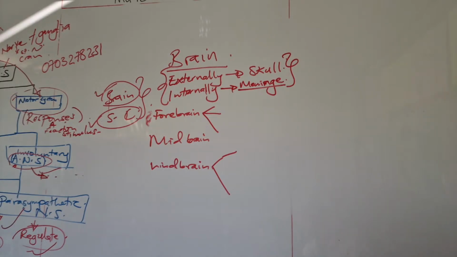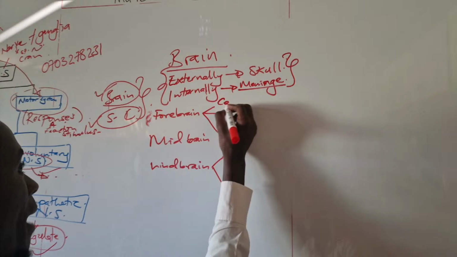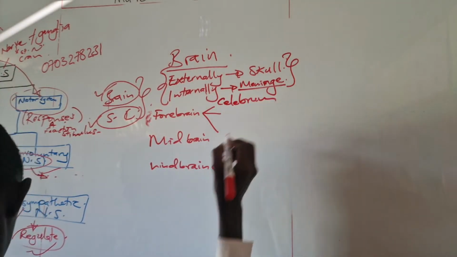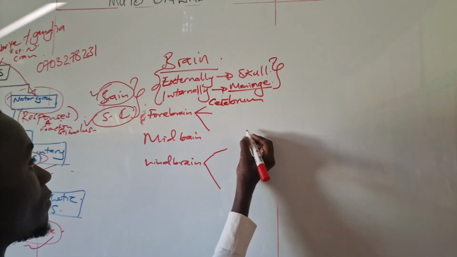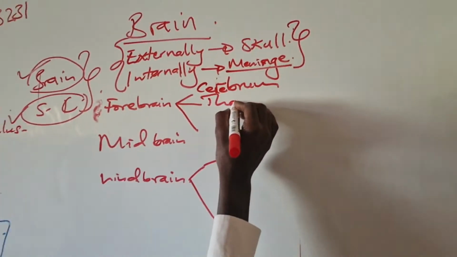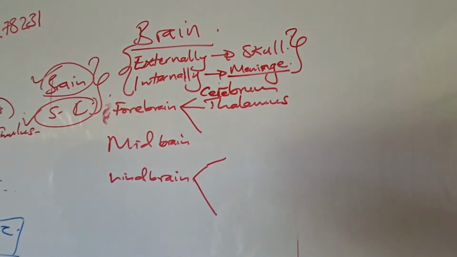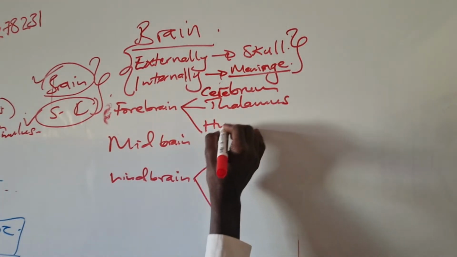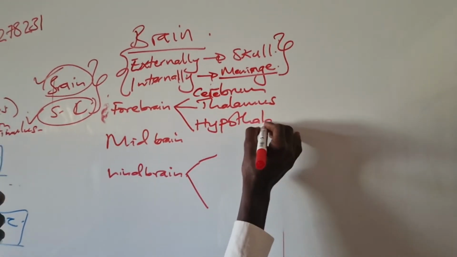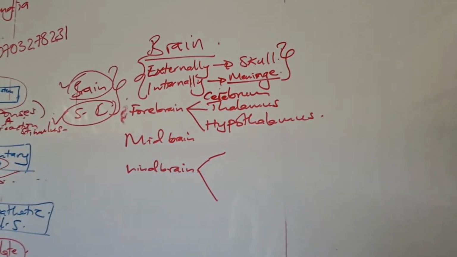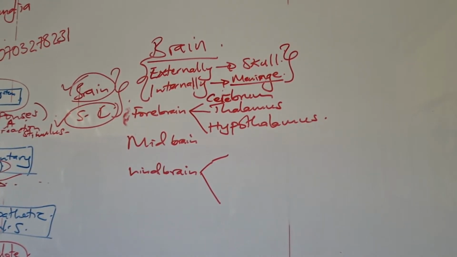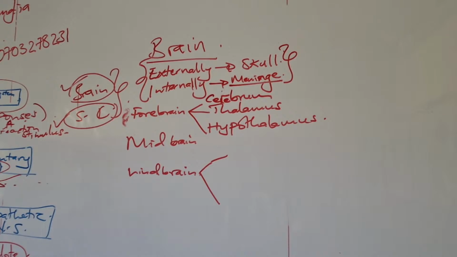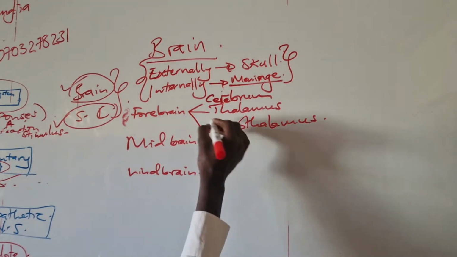The forebrain is made up of majorly the cerebrum, the thalamus, and the hypothalamus. So the major functional parts that make up the forebrain are the cerebrum, thalamus, and the hypothalamus, and partly the pituitary gland.